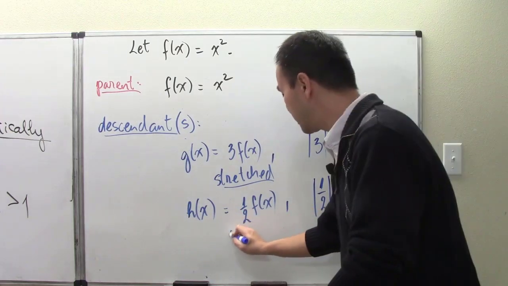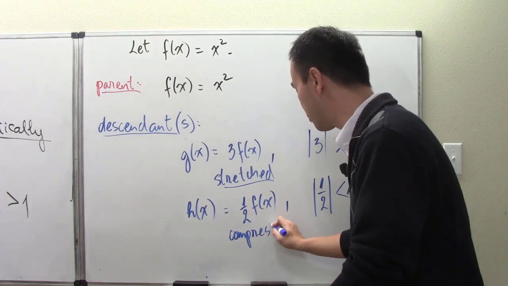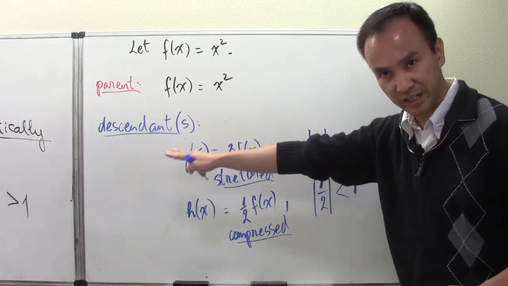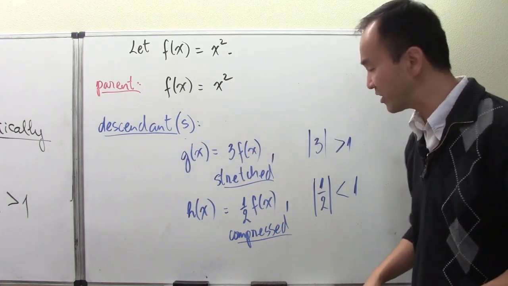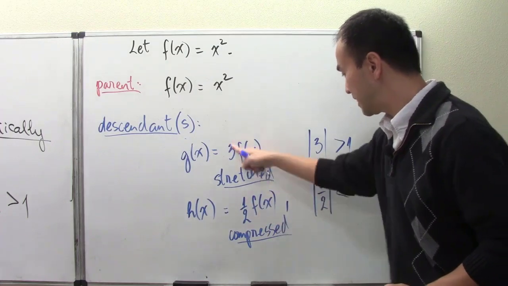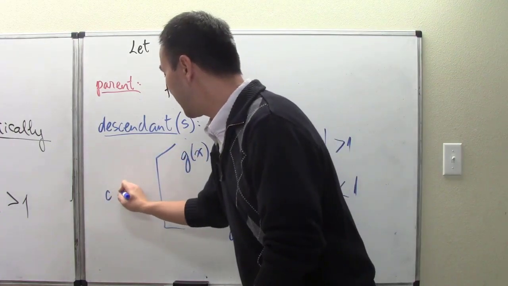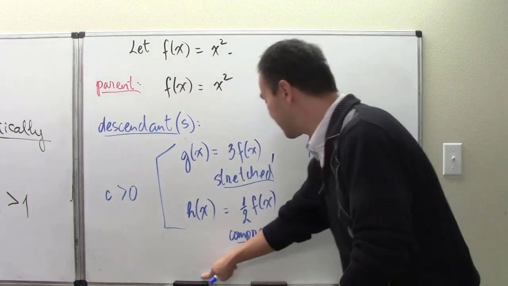So I saw this as being compressed, vertically compressed. That's not the case we're considering in my writing yet, and we will get to this detailed situation later. In both of these two cases, the c value is a positive c value.